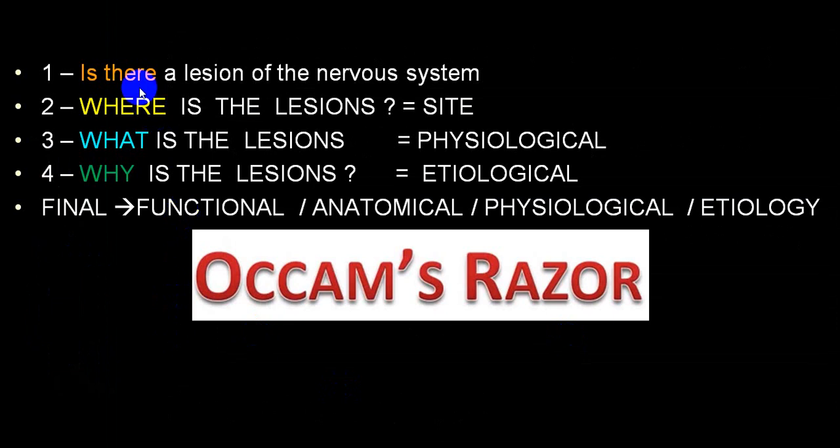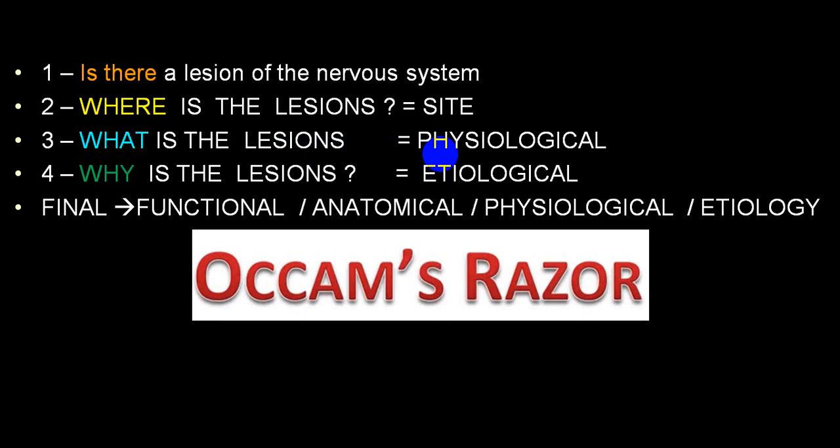First, we have to answer a question: is there a lesion in CNS? If the answer is yes, we go to the second question: where is the lesion? That is the site, or anatomical localization. And then we try to identify what is the lesion, that is physiological localization, whether it is pyramidal system, extrapyramidal system, autonomic nervous system, muscle, peripheral nerves, etc. And why is the lesion?